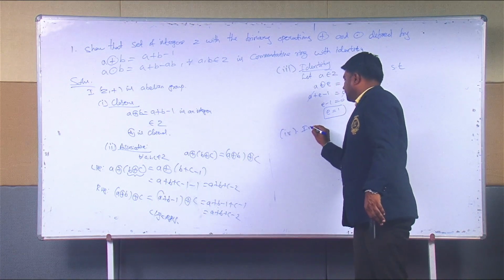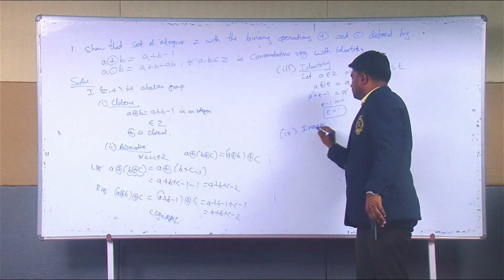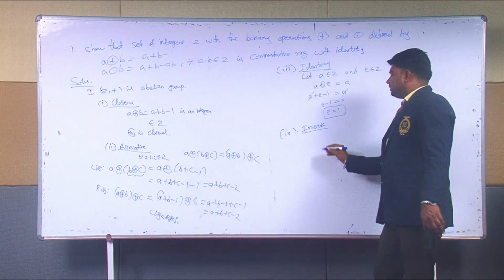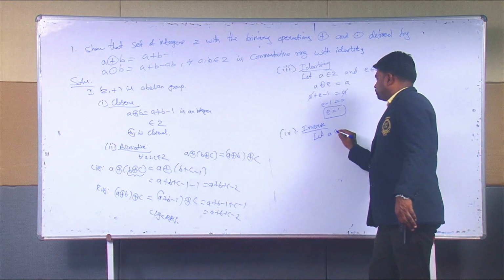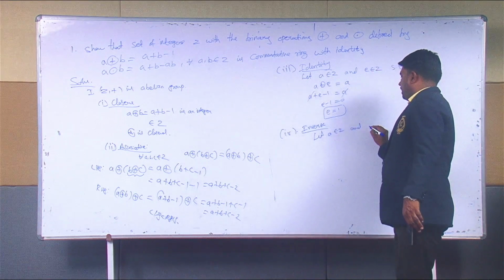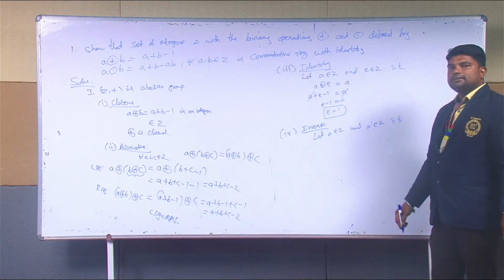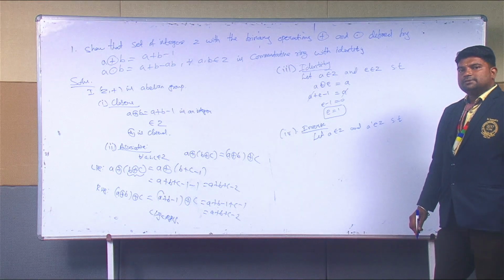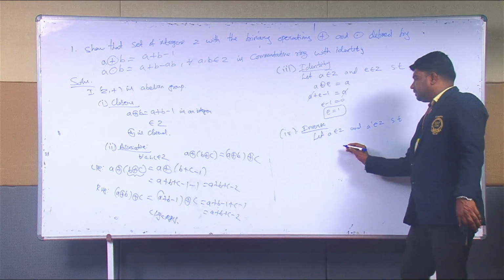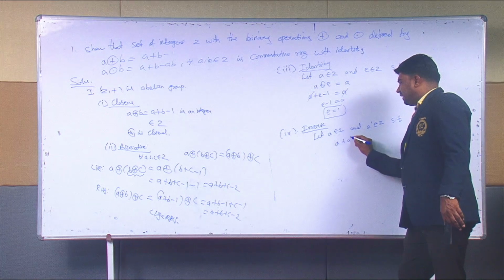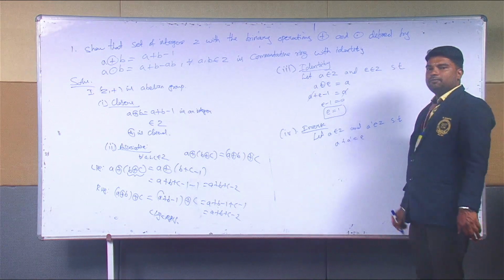And next, inverse axiom. Let a belongs to Z and a dash belongs to Z such that, what's the inverse axiom? The inverse axiom is a + a dash is equal to e.